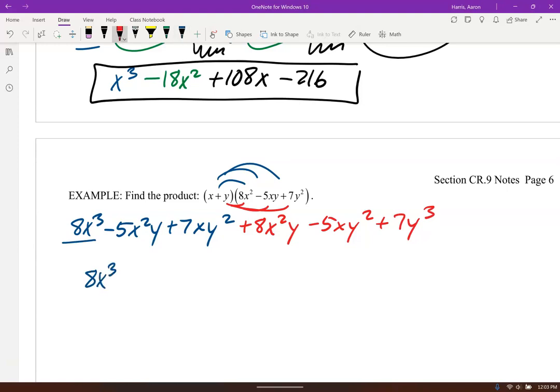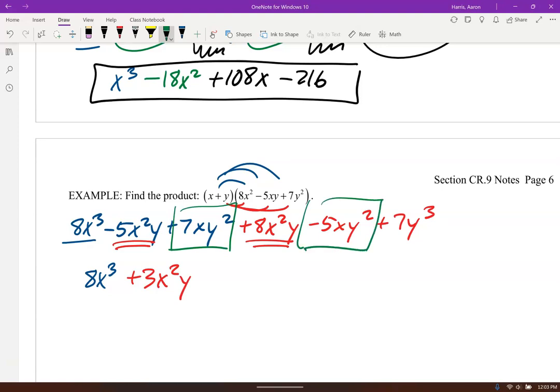Let's go x squared y. So minus 5 plus 8 is a 3x squared y. 7xy squared minus 5xy squared, so 7 minus 5, I got 2xy squared. And then it looks like that 7y cubed's a loner on the end. No other like terms.